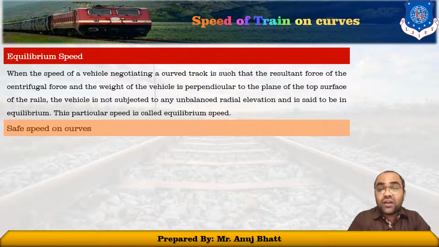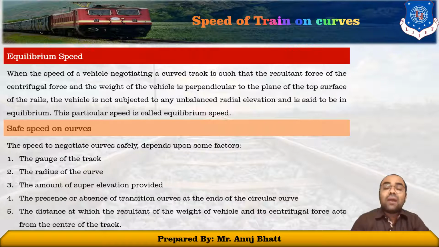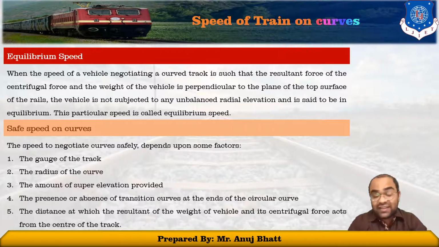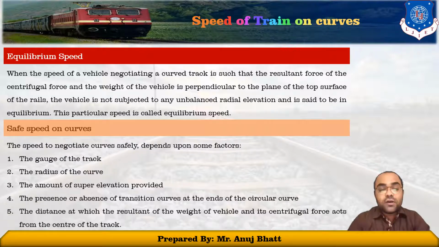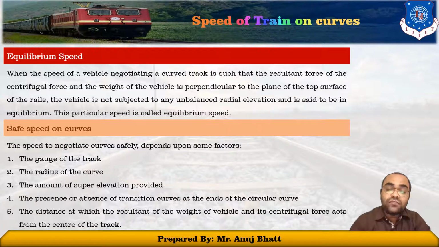While negotiating a curve, the speed of the vehicle depends upon a few factors, and those are the gauge of the track, the radius of the curve, the amount of superelevation or cant provided, the presence or absence of transition curves at the end of the circular curve, and the distance at which the resultant of the weight of the vehicle and the centrifugal force acts from the center of the track.